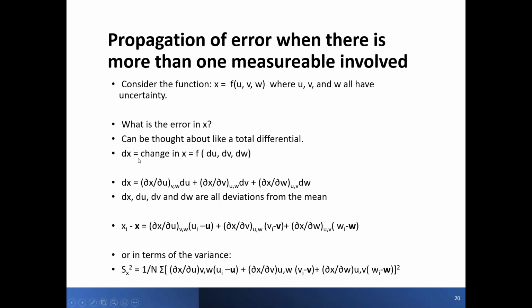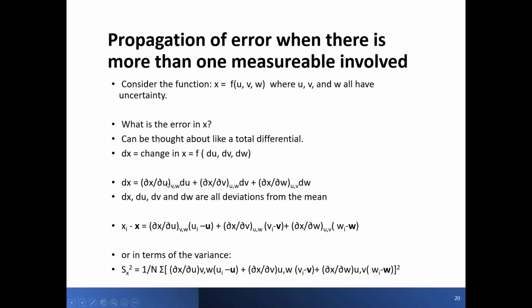So if there's a little change in x, there will be the error in x, dx, that will equal the partial differential of u plus the partial differential of v plus the partial differential of w. So basically, that little dx, that little change or error in x, will equal the total differential of the three variables.